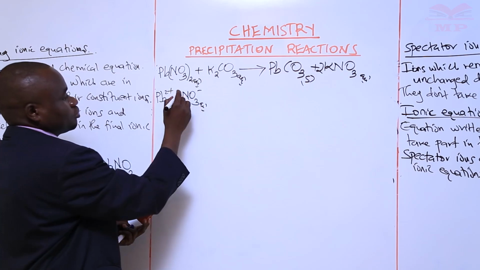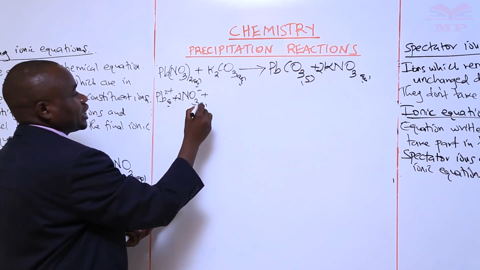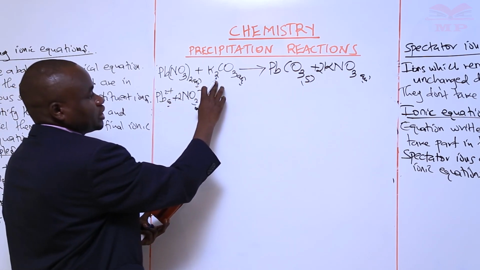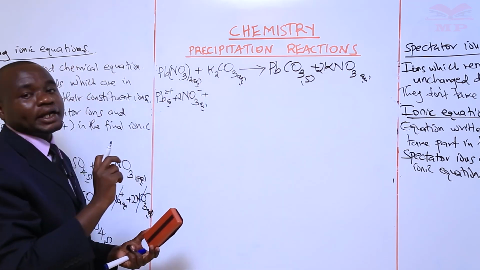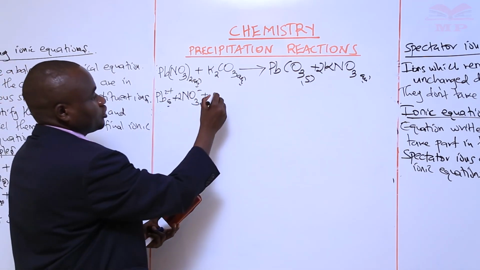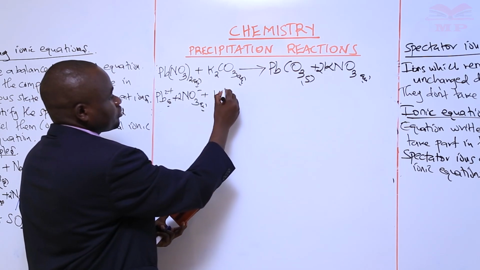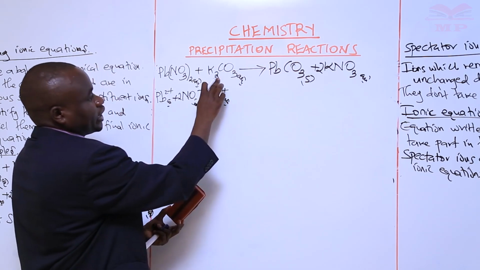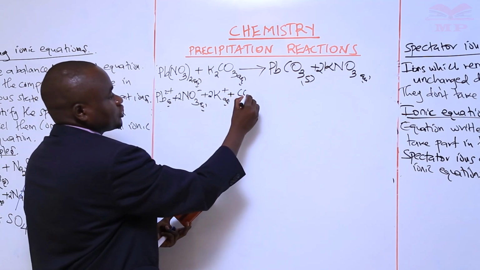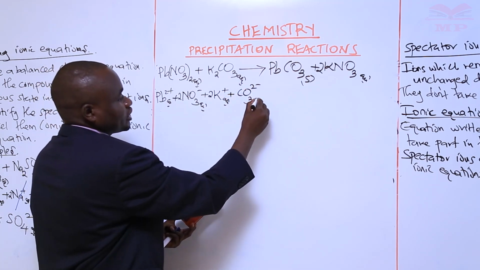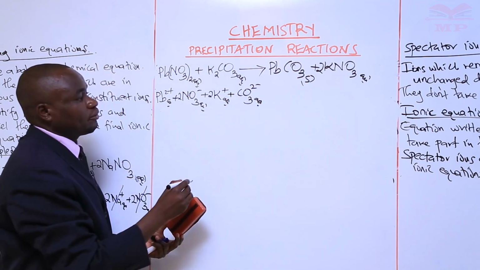The 2 should be put here, plus potassium carbonate. We shall have 2 ions, potassium ions and carbonate ions. So potassium ions aqueous, there are 2, so I put here 2, plus carbonate CO3 2 minus, carbonate ion.